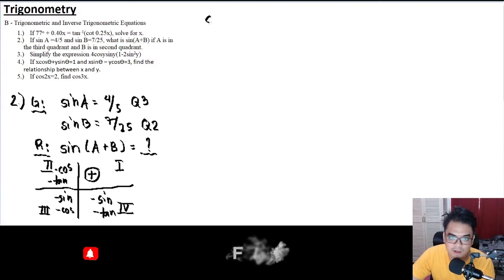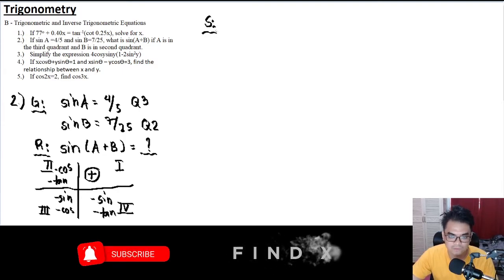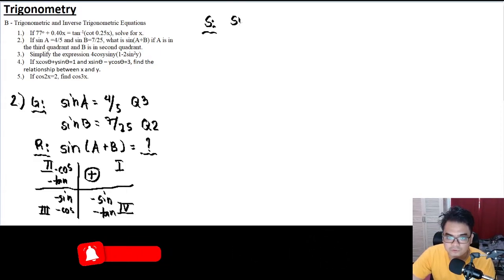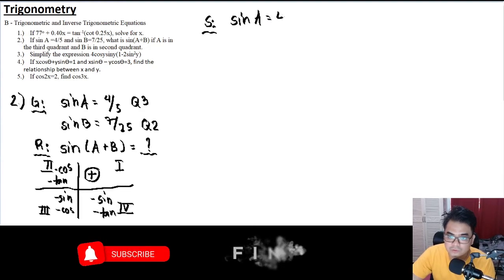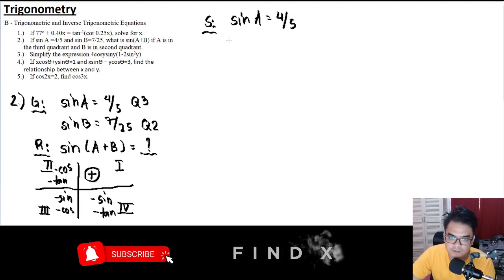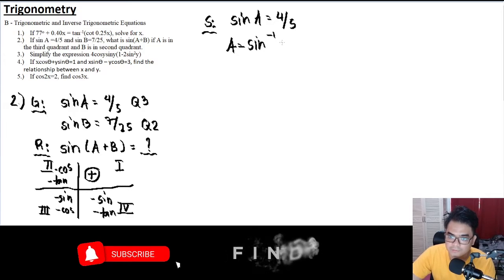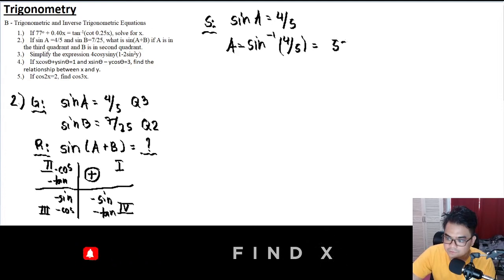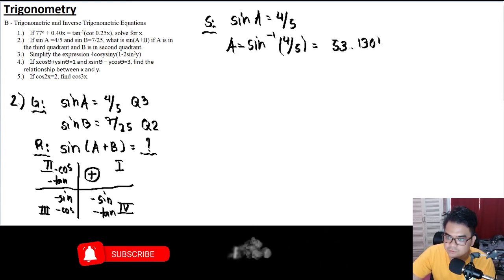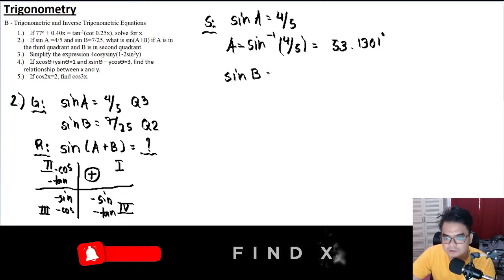So first of all, we have to find the values of the angles A and B. The first one is sine A is equal to 4/5. Just take the arc sine, or the inverse sine, of both sides. You'll have A equal to arc sine of 4/5, and you'll get a value of 53.130 degrees. And for the second one, we have sine B equal to 7/25.